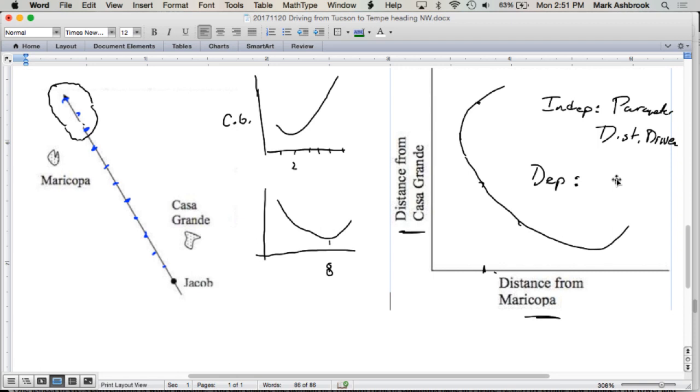So the independent is this parameter, this behind-the-scenes variable, the variation of distance from starting point. And then the dependent thing is now an ordered pair, not just one value, but an ordered pair. And so can you say, given any distance driven, is there only one correspondence point of distance from Maricopa and distance from Casa Grande? Yes. So given any distance driven, it gives us just one correspondence point on this graph. That's why parametrically it is a function. So the dependent is a correspondence point for any given distance driven along the highway. So that's the idea of a parametric function.